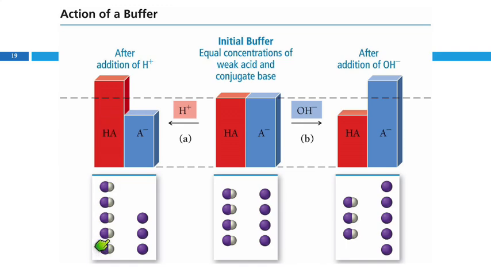So my HA increases and my A minus decreases. Where did those extra 2 come from? It's these guys. Hydrogens came in to react with these guys, and so then they move over to the other column. If I add hydroxide to this, it's going to pull hydrogens off, and so we're going to get more of the conjugate base and less of the conjugate acid.